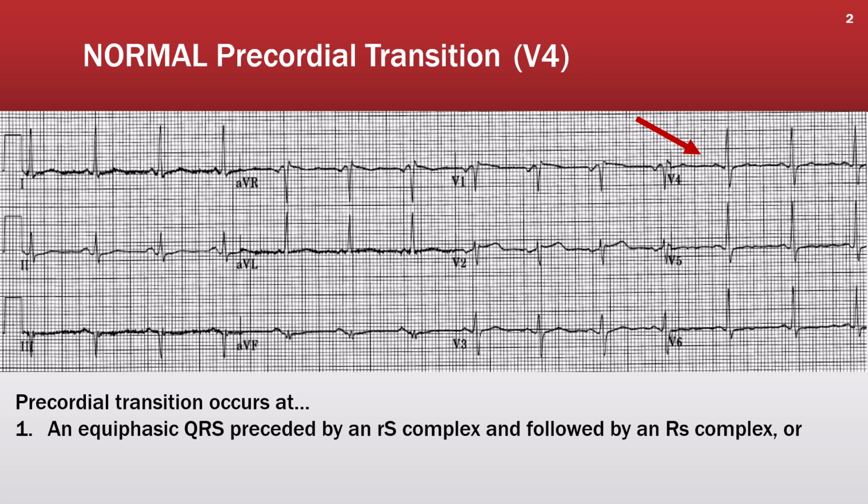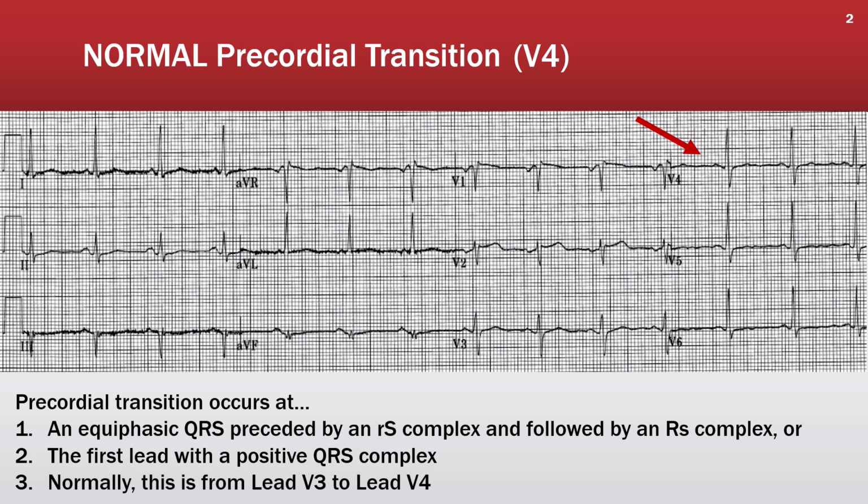You're going to see an example of this in a moment. Or the first lead with a positive QRS complex. Now, normally, a normal precordial transition occurs from lead V3 to lead V4.